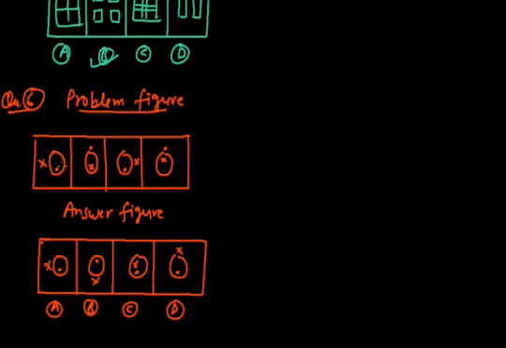The dot is inside the circle, and from 1 to 2 the dot is outside the circle, 2 to 3 inside the circle, 3 to 4 outside the circle. Then the dot in the next figure is inside the circle. Then according to this the answer is D or C or A.